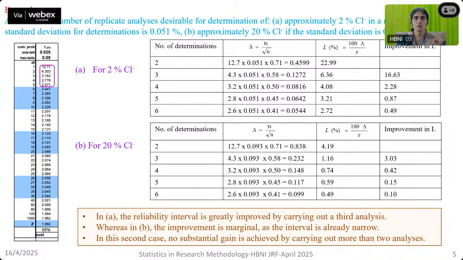When you go for 20% chloride, you see that the highest improvement is from 2 to 3, when we increase the number of determinations from 2 to 3. Then later on the utility improvement is decreasing. So you can see that as the number of determinations increases, the improvement in the reliability interval keeps on decreasing.